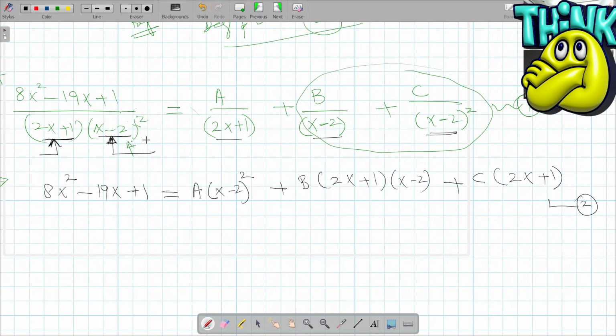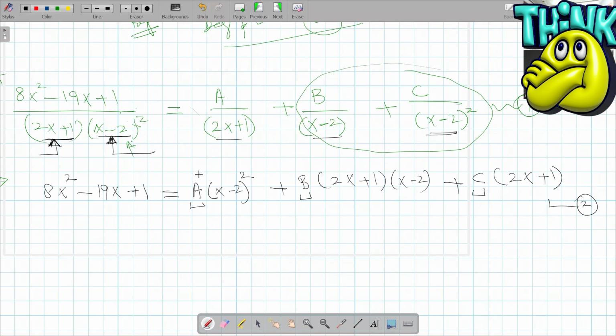But when we put a value, we get the value of one constant, one value against one substitution, right? But you see here we have three constants, a, b, and c. We need three simultaneous equations, but we don't have a third value of x to put.